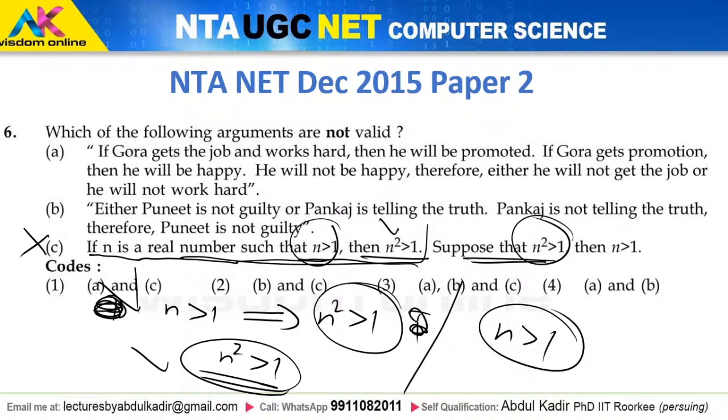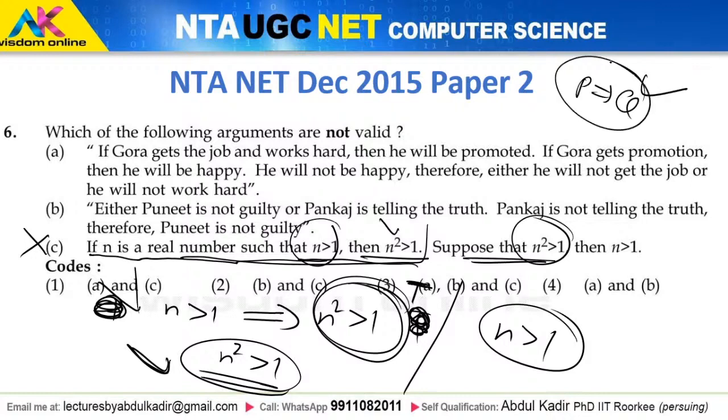Now let's look at this. In this hypothesis he is saying that n square greater than 1, means this has become true. Now if this has become true, then automatically, I told you that P implies Q, this complete thing becomes true.